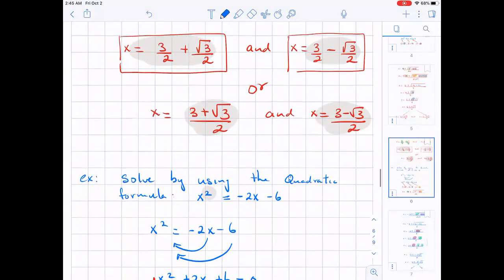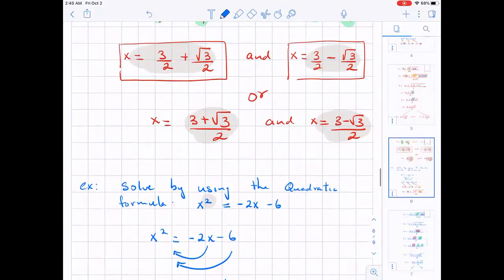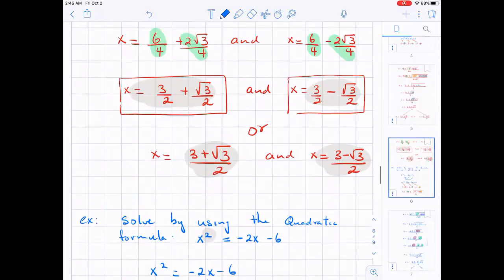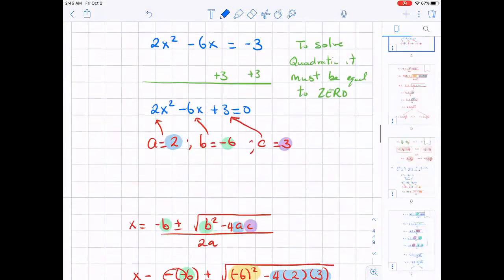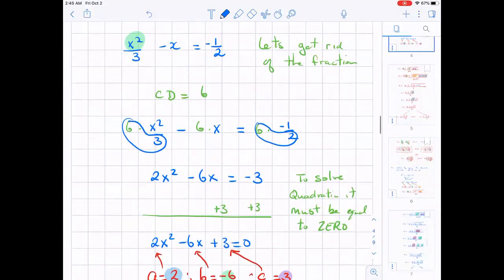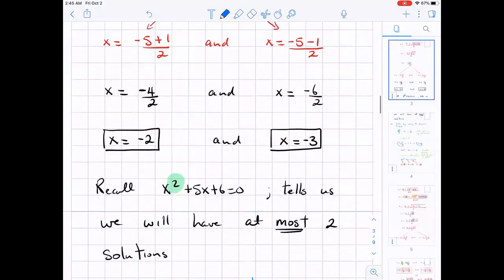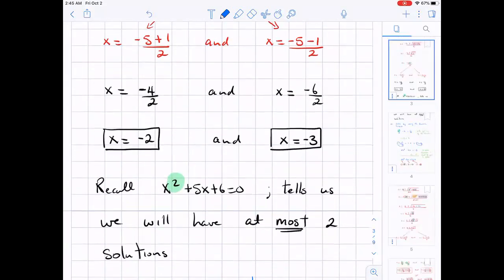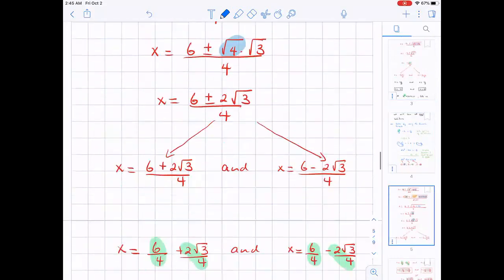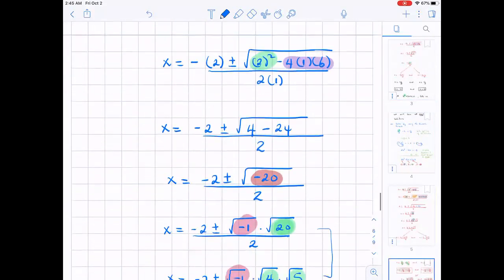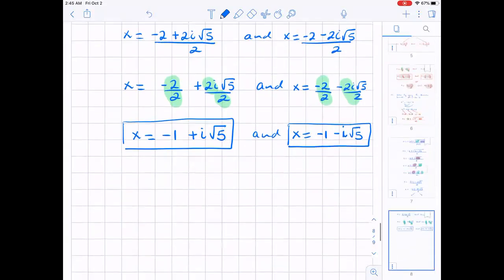These are real. They may not look pretty, but they're real. Likewise, in our first example, we had two real solutions also: x was equal to -2 and x is equal to -3. So there's also a case where, when the discriminant happens to be 0, we wouldn't have two real solutions.